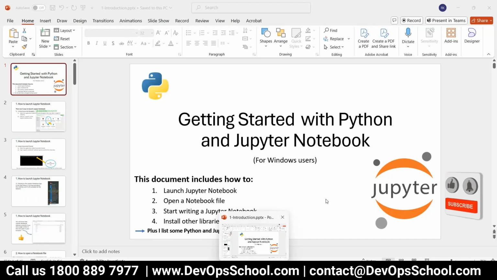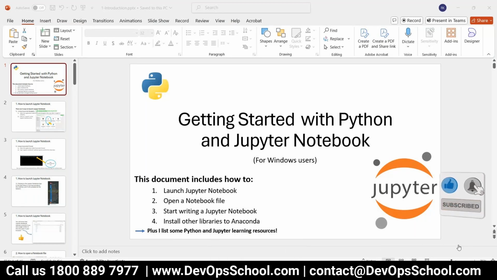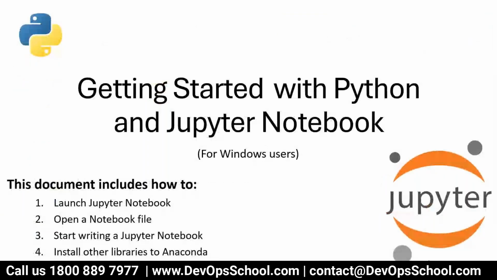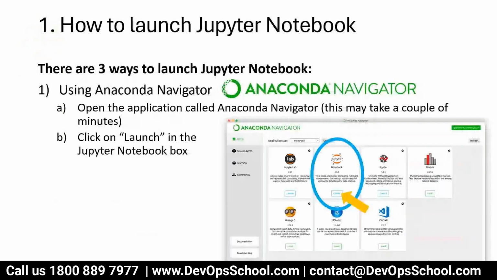Okay, so now I'm going to talk about Jupyter Notebook and how to use it with different Python MLOps libraries. So, how do we get the notebook? In the previous session, I said there are many ways you can get the notebooks.